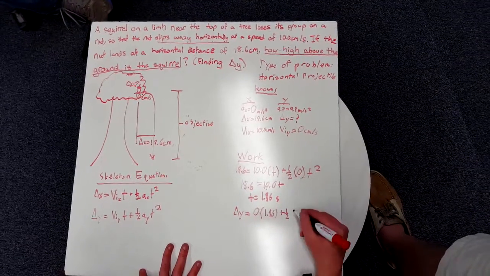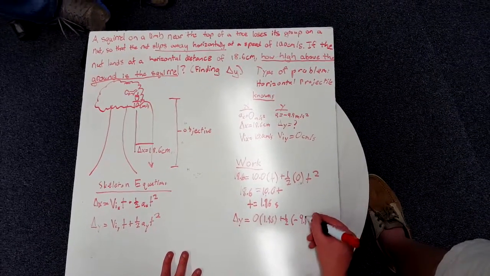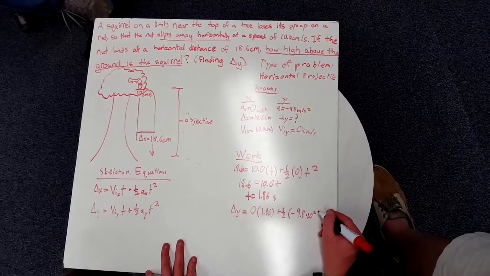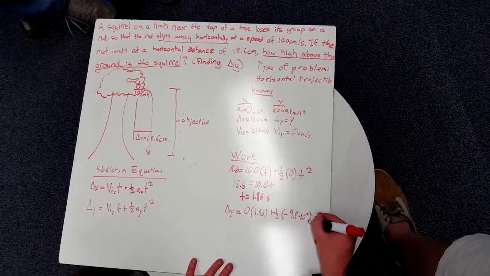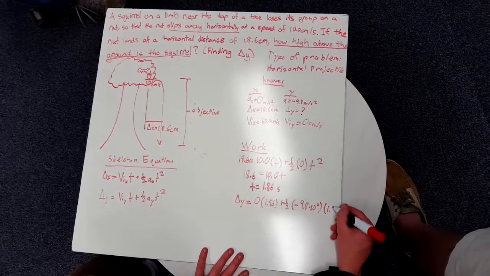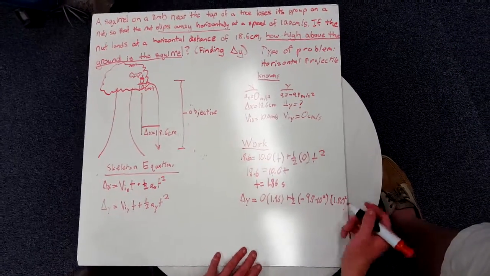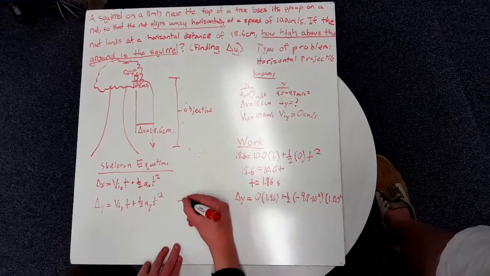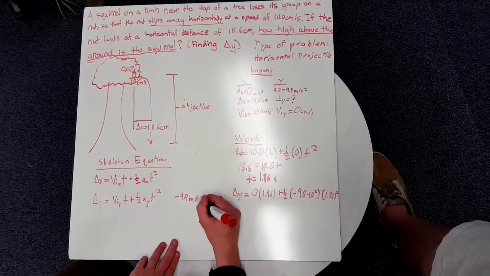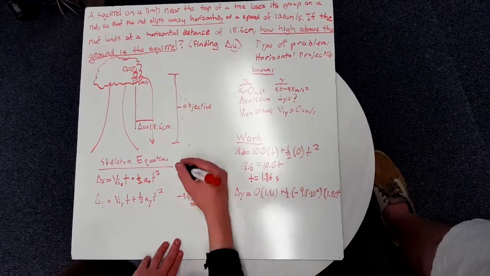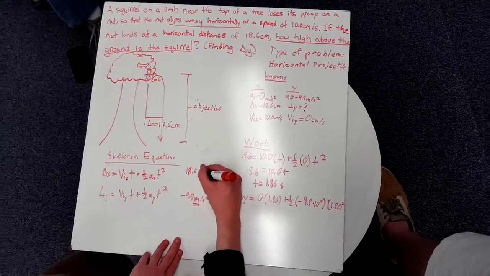Now we can plug time into the displacement y formula to find the displacement of y. So, plugging in the knowns, we know that displacement y equals 1/2 of a negative 9.8 meters per second squared times 1.86 seconds squared.